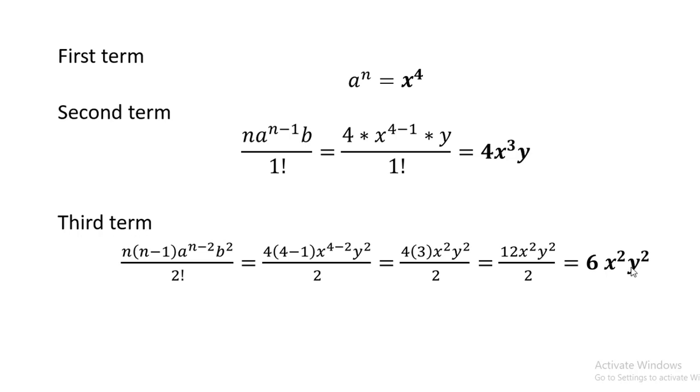The power of the second variable, y, is square. So we know that as we move on towards the fourth term, the x square will now be 1, and the power of y will be increased.